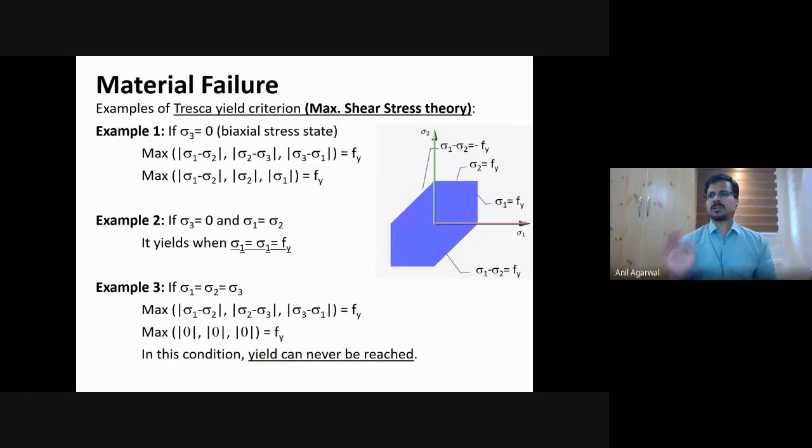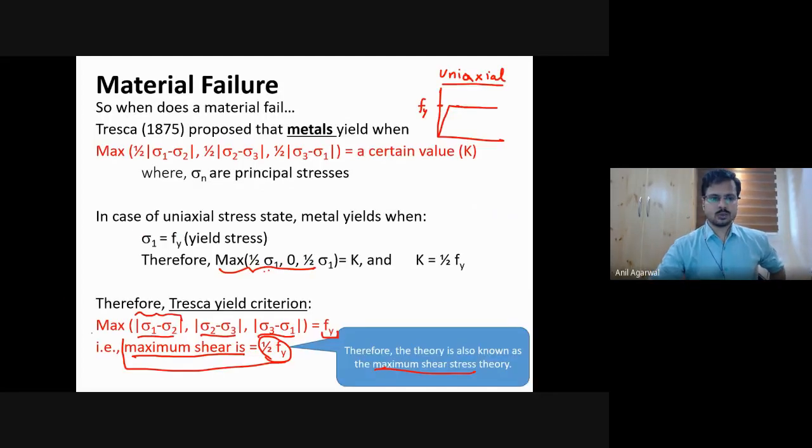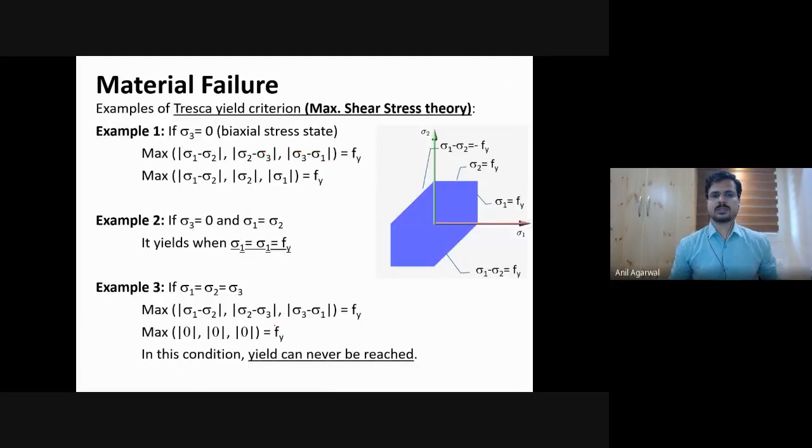So basically the criteria says that whenever you have maximum shear stress reaching Fy by 2, the yielding will take place. Now, let's think of some simpler cases. So this was the most generic case where sigma 1, sigma 2, sigma 3, all three of them are present. But let's think of some simpler cases.